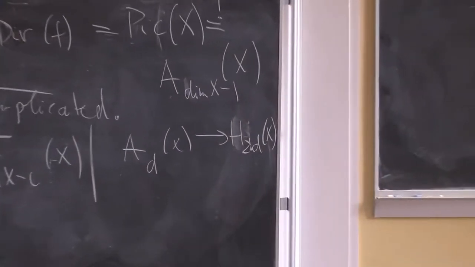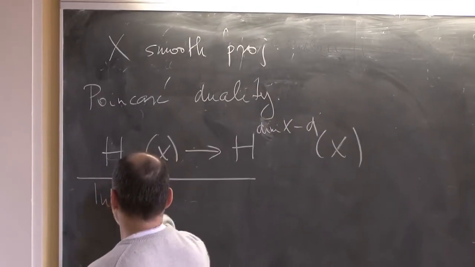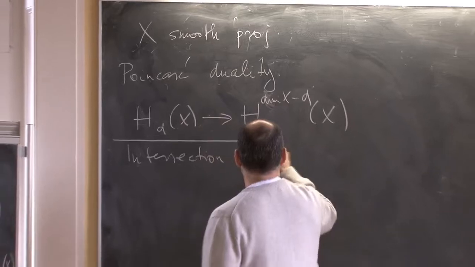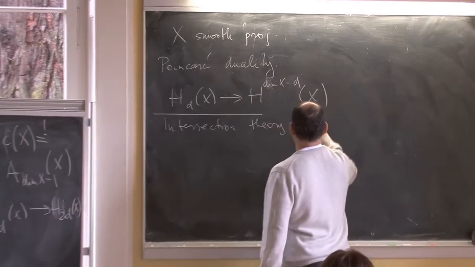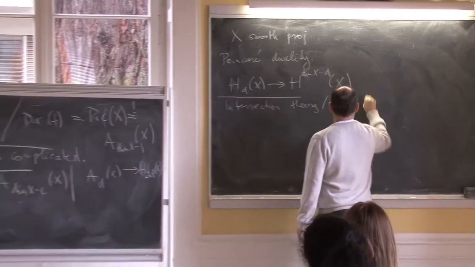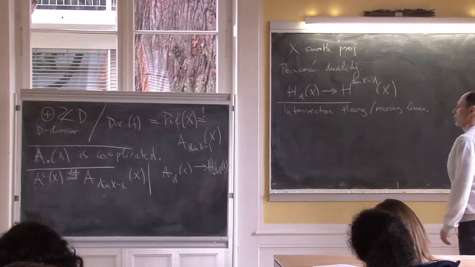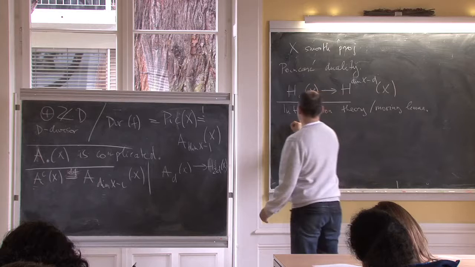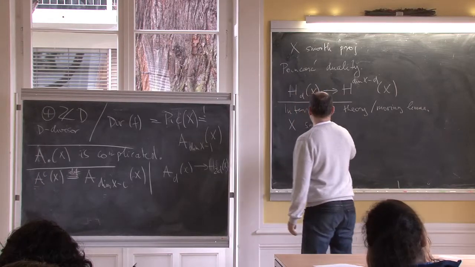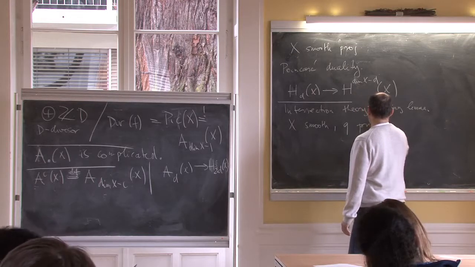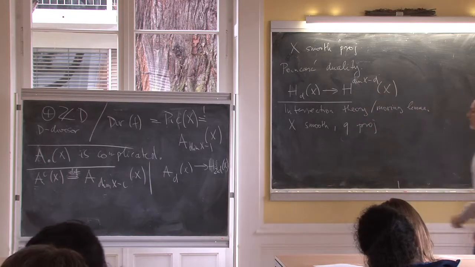Okay, and now came this thing about intersection theory and the moving lemma. If X is smooth, actually it's defined if it's just quasi-projective, but we'll be mostly interested in the projective case.